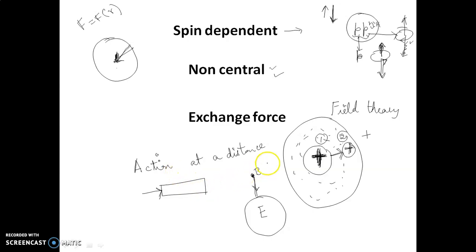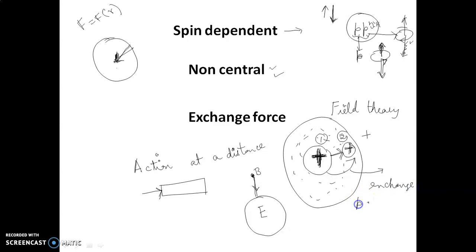The idea of action at a distance gave field theory a different dimension, and it was proposed, according to field theory, that electromagnetic interaction between two charges takes place by the exchange of a certain particle, which is called the exchange particle.